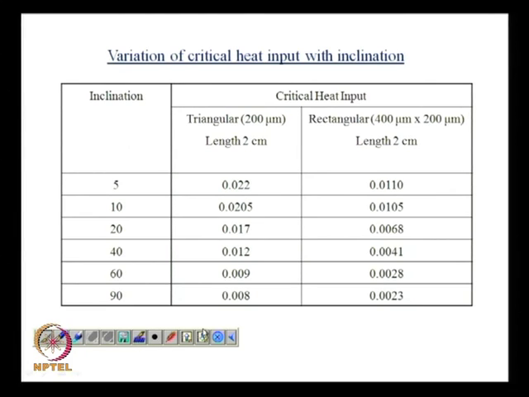It is not going to affect the presence of the liquid at the corners, but it will affect the flow of liquid through the corners towards the hot side. So, this shows that with change in inclination, the critical heat input, the heat input that the heat pipe can sustain, keeps on decreasing drastically.